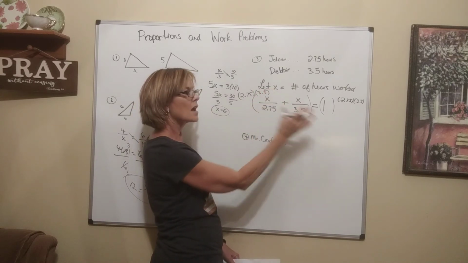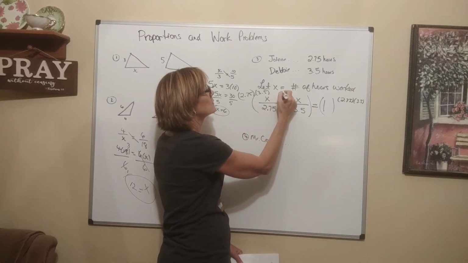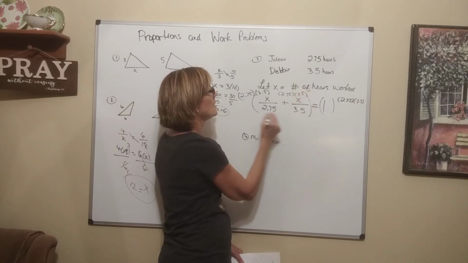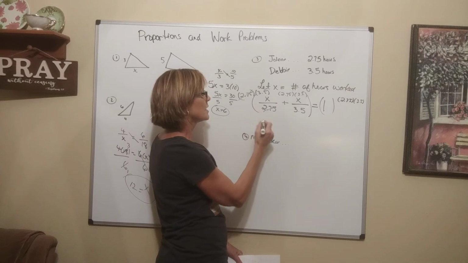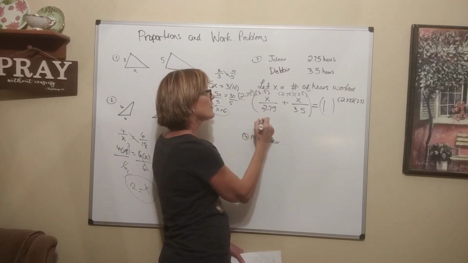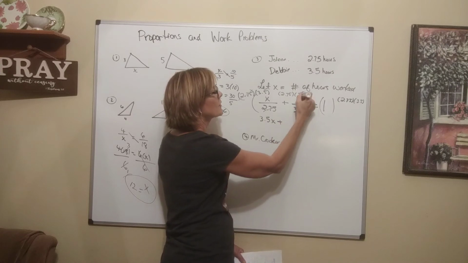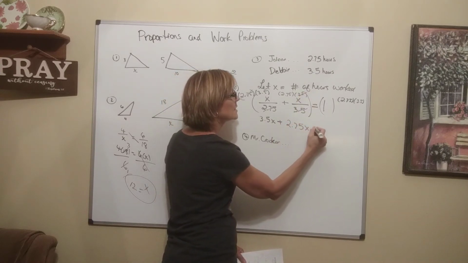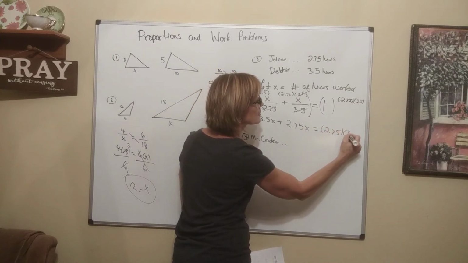You multiply both sides by the lowest common denominator, and this will, of course, distribute. 2.75 goes into 2.75 1 time, so I get 3.5 times X, plus 3.5 will cancel out, plus 2.75 times X is equal to 2.75 times 3.5.